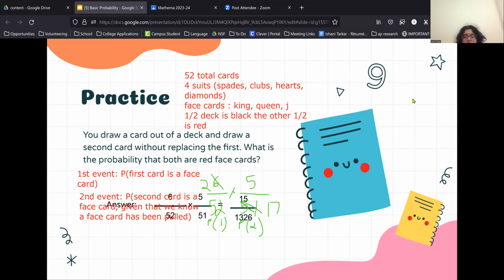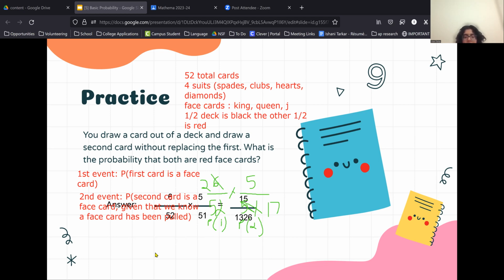A few of you were able to get it, but a lot of you were unable to, or didn't understand where to start. That's totally fine. If it's the wording itself that is confusing, usually questions will be worded like this.